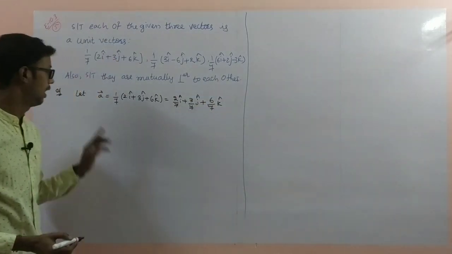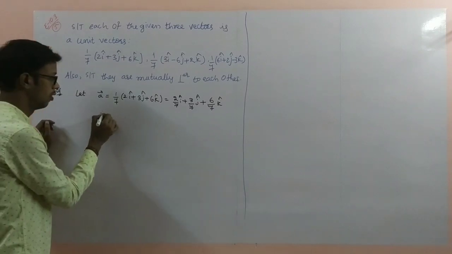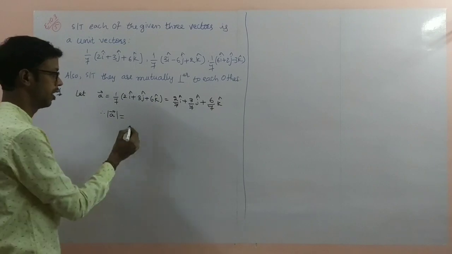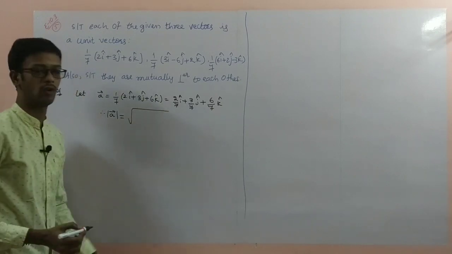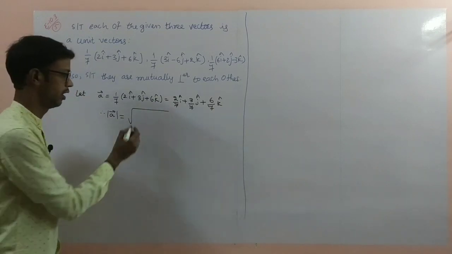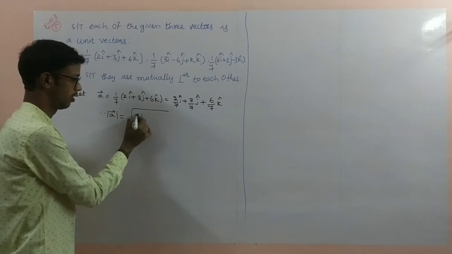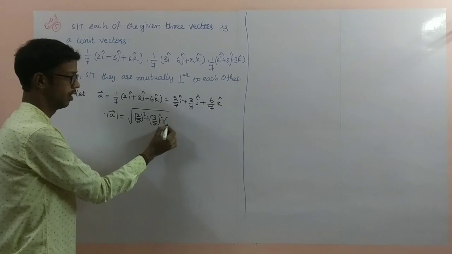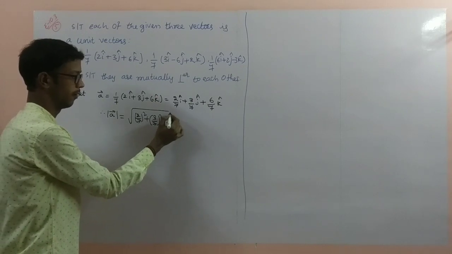So this is the A bar vector. Now I am finding the magnitude of A bar. The formula is the square root of 2 by 7 whole square plus 3 by 7 whole square plus 6 by 7 whole square.